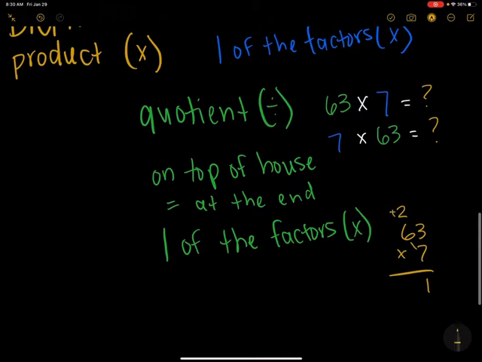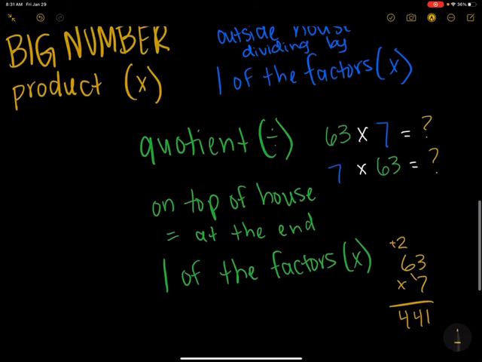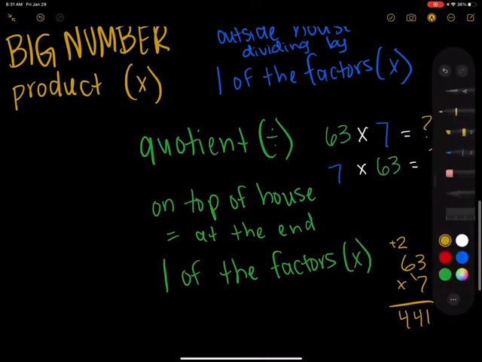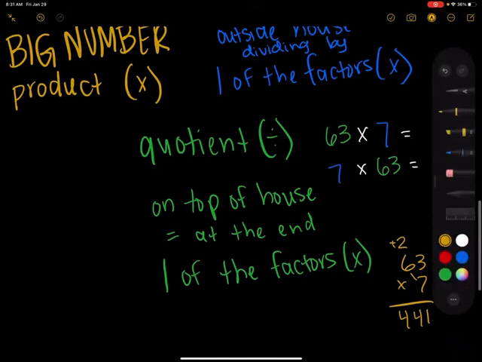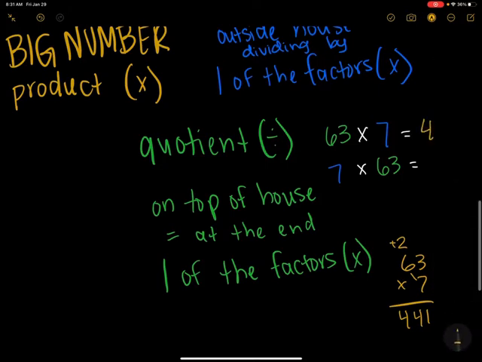Add the 2 that we put in the tens place. It is 44. So we can erase these question marks now because now we know our dividend is going to be 441.